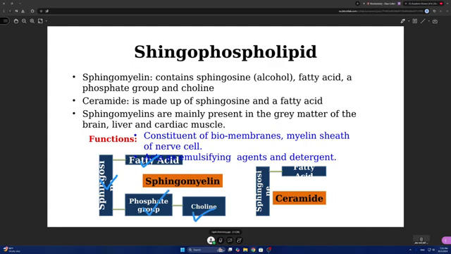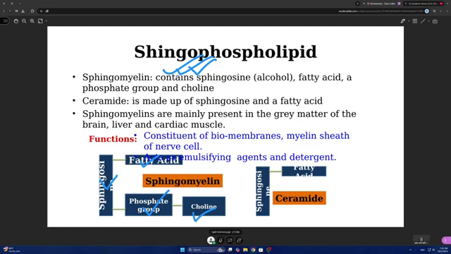Okay. So in the exam, the question may be, and this is a very, very important slide, which of the following sets of molecules makes a sphingomyelin? And the option may be sphingosine, fatty acid, phosphate group, and choline. You have to make sure you choose the best answer, because the options may mention 2 fatty acids or 1 fatty acid, 1 phosphate group or 2 phosphate groups, choline or ethanolamine.